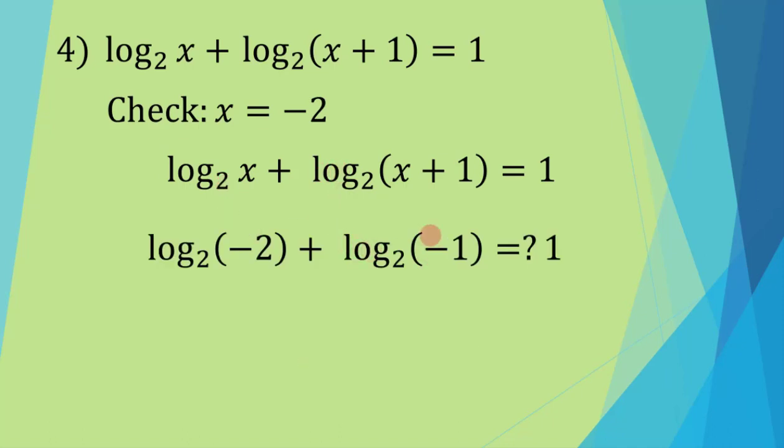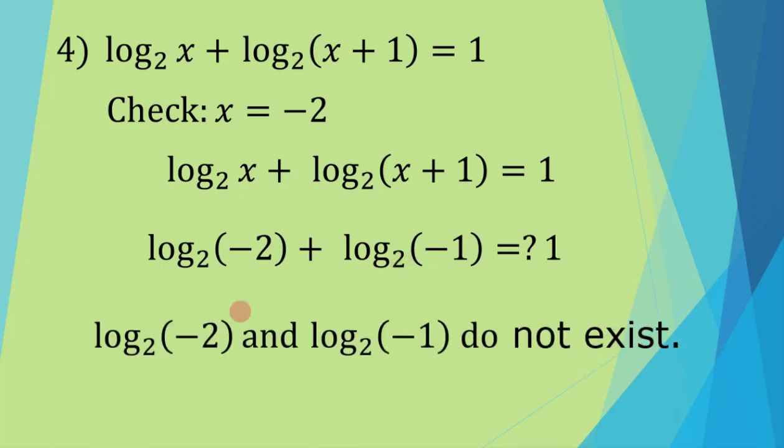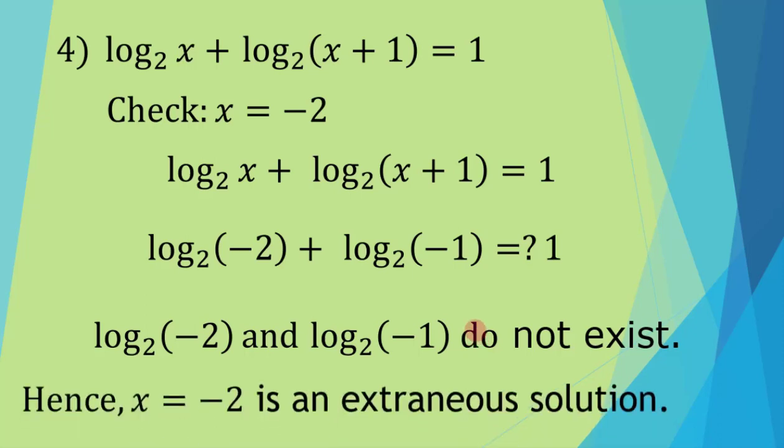Then log of negative 2 plus 1, that's negative 1 to the base 2. Well, these expressions do not exist. So hence, x equals negative 2 is not a solution, or we can say is an extraneous solution.